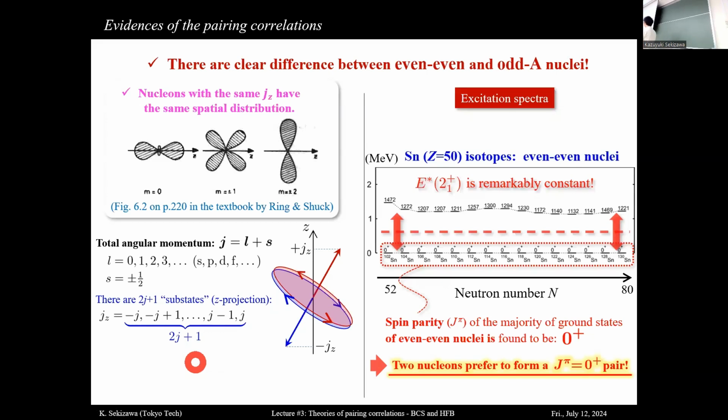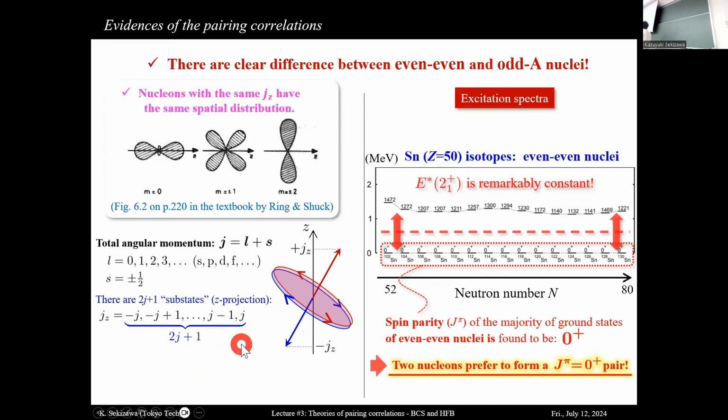Here I show the J. The projection onto the Z axis is denoted as JZ. This JZ component can take 2J plus 1 values.